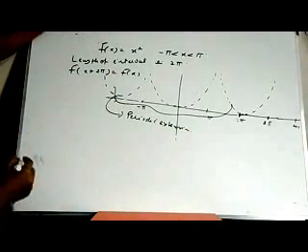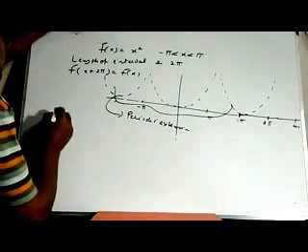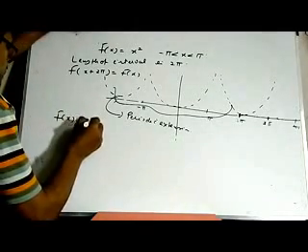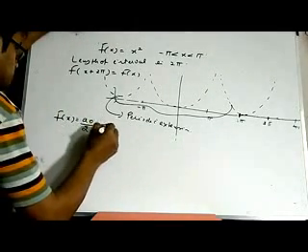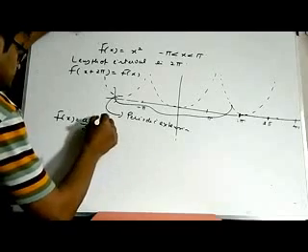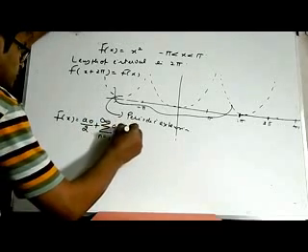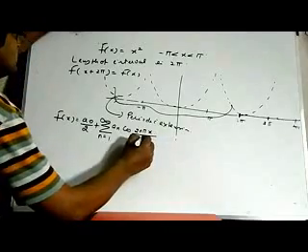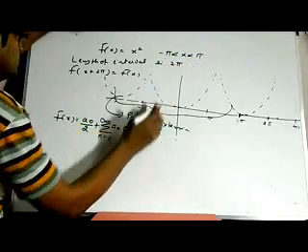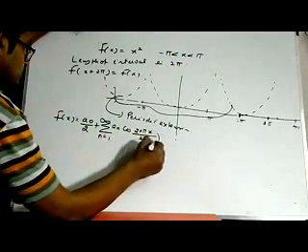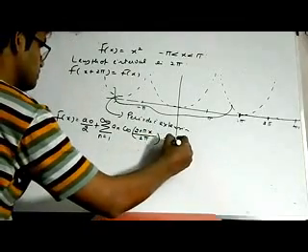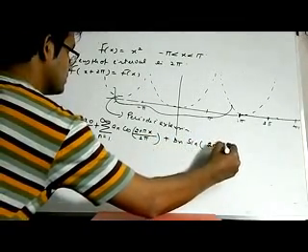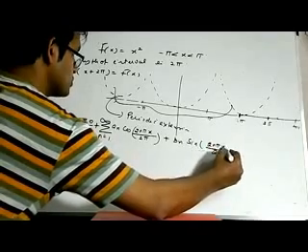Now use the formula. So how will we write the Fourier series of this? f(x) will be equal to a0 by 2 plus summation an cos(2nπx by 2l), where 2l is the length of the interval, which is 2π, plus bn sin(2nπx by 2π), which is the length of the interval.